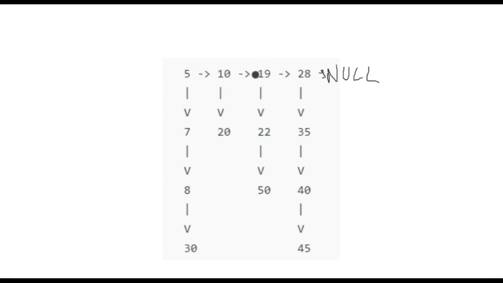If we try to merge this list with this list using the concept of merge sort, we can easily merge two different sorted lists together and make a list out of it.